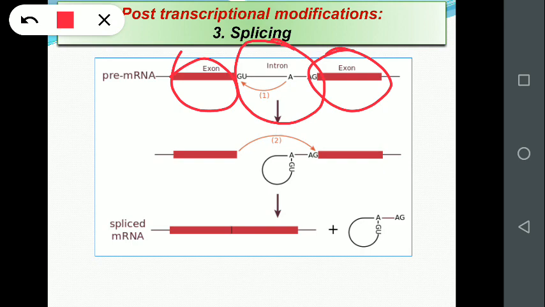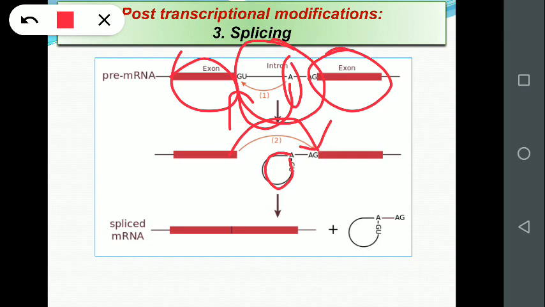One of the nucleotides, A, in the middle of the intron nucleophilically attacks at one junction, the 5' junction of exon and intron, and the 5' sequence, that is GU, interacts with A. Now in the second stage, the 3' end of the first exon interacts with the 5' end of the other exon.